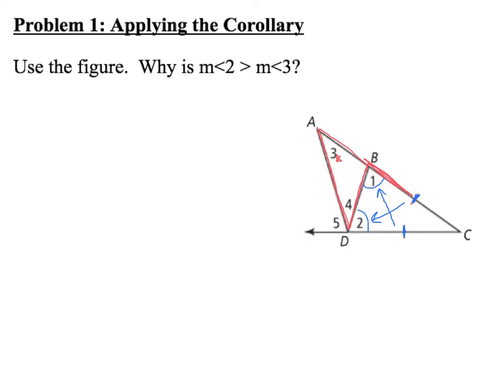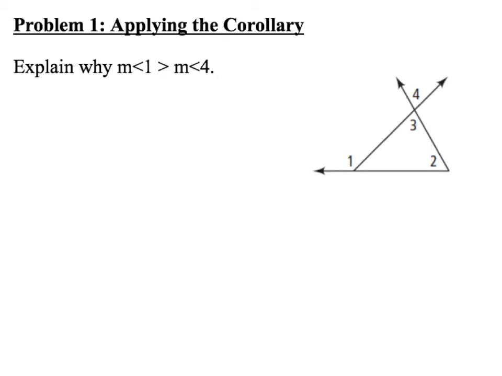Since this is my exterior angle, angle 1, and it's not touching angle 3, I can write that the measure of angle 1 will be greater than the measure of angle 3 because of the property we just talked about. And since the measure of angle 2 and the measure of angle 1 are congruent, then I know the measure of angle 2 is greater than the measure of angle 3 because of my isosceles triangle.